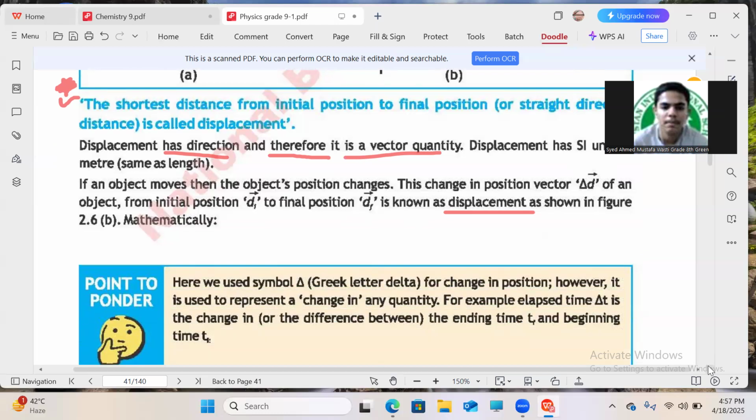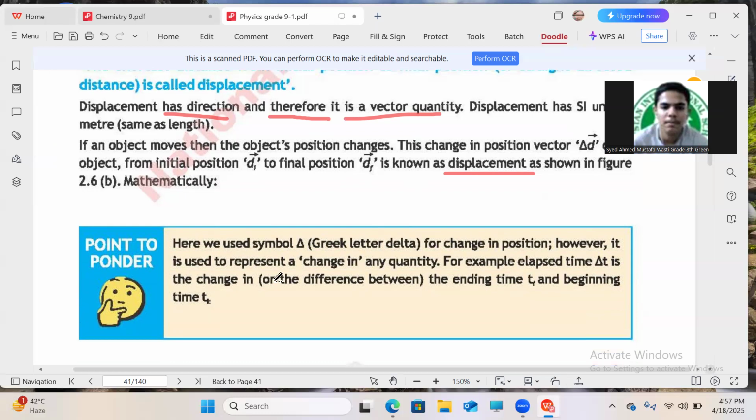Here is a point to ponder, which is about the sign of del, that means delta, or change in position. You have to read this. Here we used a symbol, triangle, also known as the Greek letter delta, for change in position.